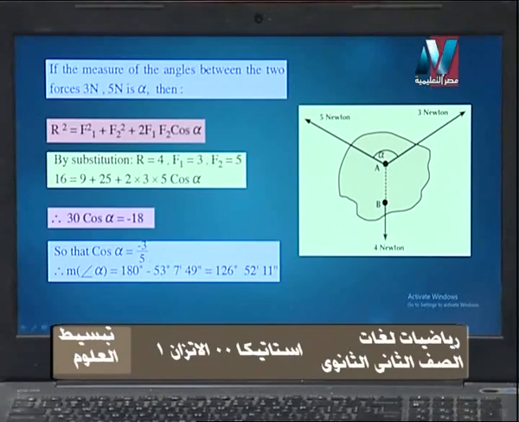So the answer will be 53.749. And because cosine is negative in the second quadrant, you have to find the difference between 180 and 53.749. The answer will be 126 degrees, 52 minutes and 11 seconds.